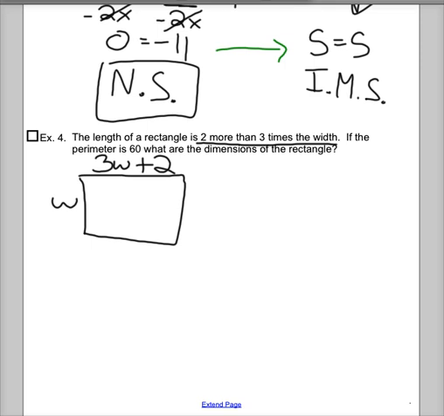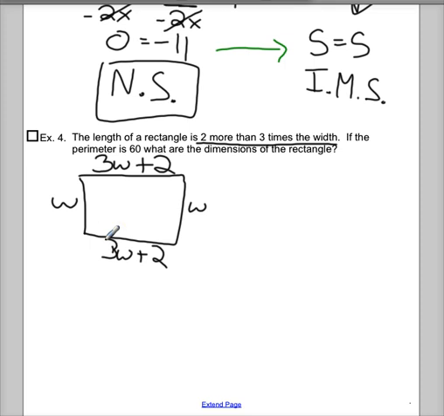And now what it's asking for is to find those dimensions. And it gives us the perimeter. The perimeter is 60. Well, thinking about a rectangle, hopefully you recall from geometry that the perimeter is the entire way around a shape. So what we're looking for is the entire way around, and I apologize, that should be a 3, the entire way around this rectangle.